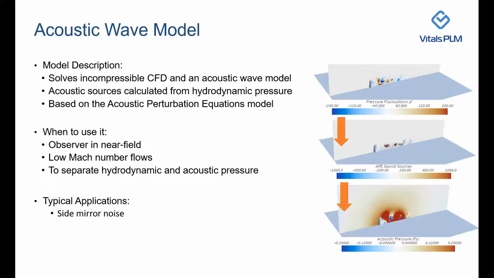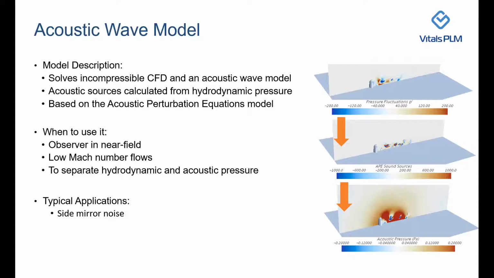Typical examples are side mirror noise. Here in this example we see a side mirror sitting on a surface, and at the top we see the flow field in terms of the pressure fluctuations around the side mirror.